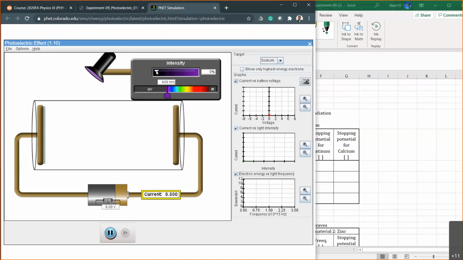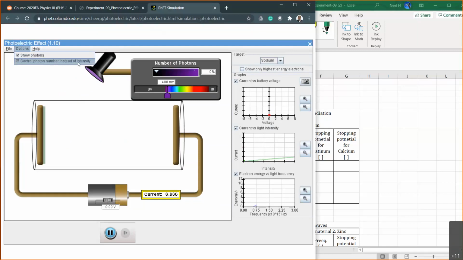Now when I switch this on, intensity right here is at 0, but when I change this intensity, you can see the intensity of the light changing, right? Instead of that, there's another option. If you click on the file option in the very top menu bar, it shows the photon coming in, and it also has the option to control photon number instead of intensity.